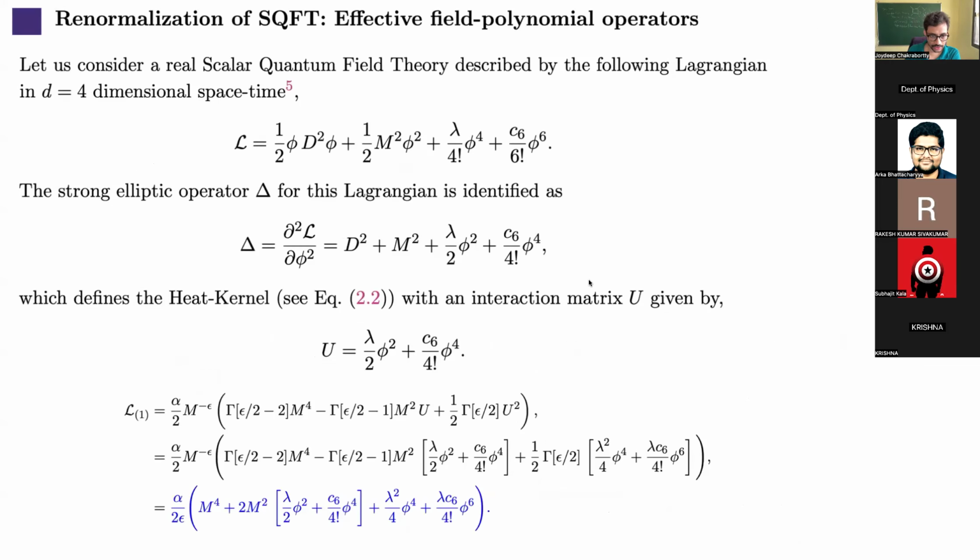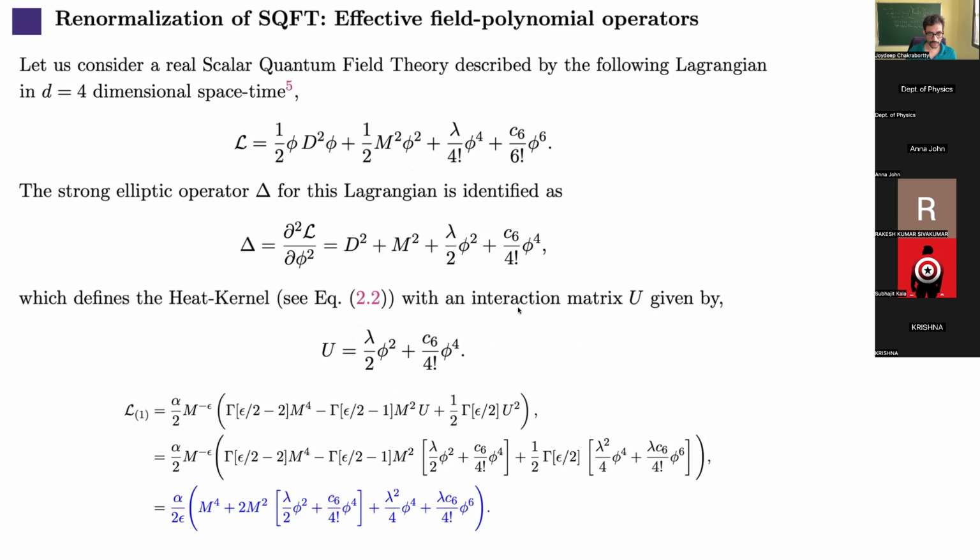Okay, so now let's see the example. As I was pointing out, here the operators are basically phi d2 phi, the kinetic term of the scalar field, and then you have the mass term, a quartic term, and the phi 6 operator. But you will see we are not calculating the Z psi or Z phi or something like that.